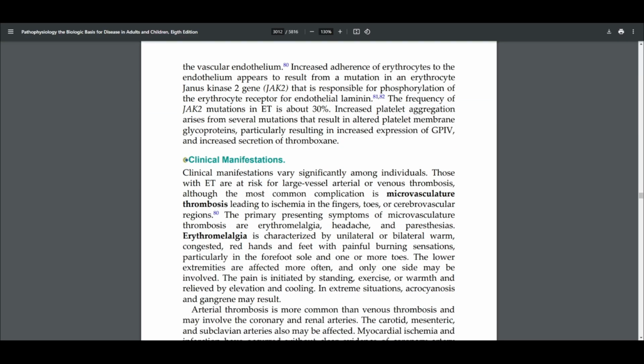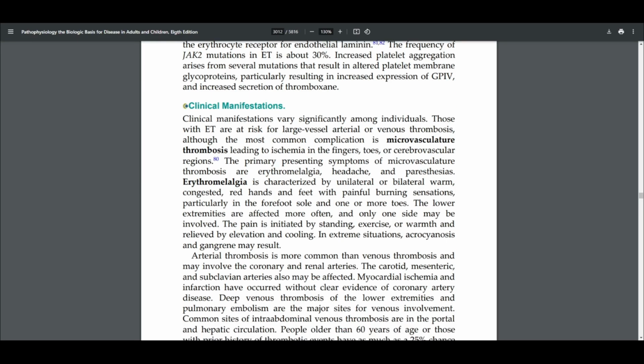Increased adherence of erythrocytes to the endothelium appears to result from a mutation in an erythrocyte Janus kinase 2 gene that is responsible for the phosphorylation of the erythrocyte receptors for endothelial laminin. The frequency of JAK2 mutations in ET is about 30%.